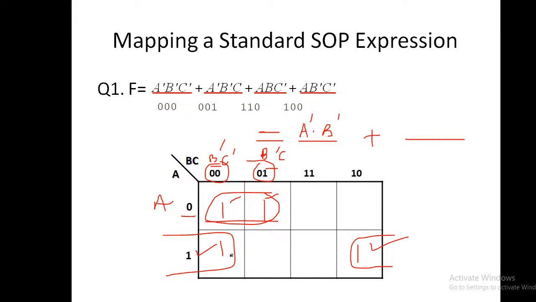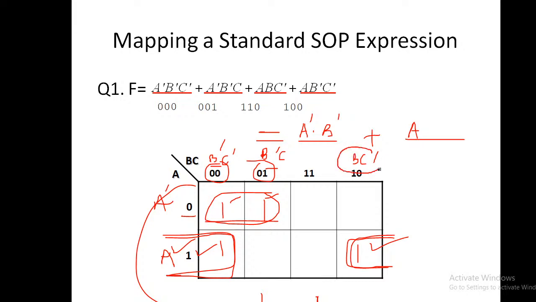Now if you see this pair, this will also create a pair due to the round condition. If you fold a paper this way, these two ones are adjacent, right? So this will create a common term here: A, because this is A bar, this is A, and what is the literal here? This will be BC bar, right?